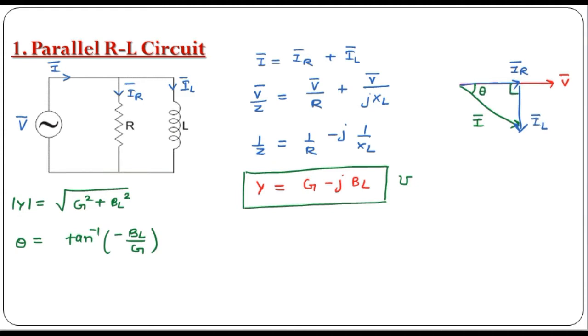Okay, so now if we consider this current triangle, let us only consider the magnitude. This is IR, this is IL current, and this is the total current I. Angle is theta, and this is 90 degree.